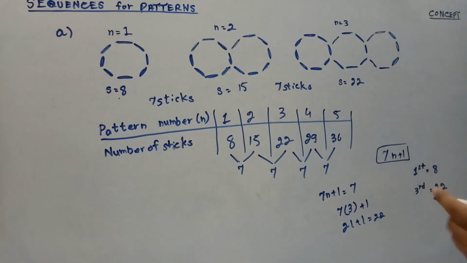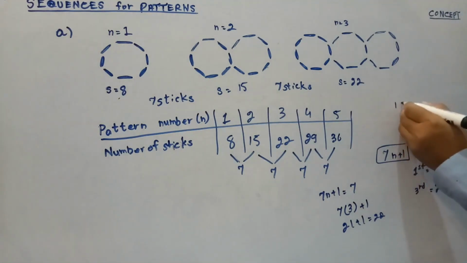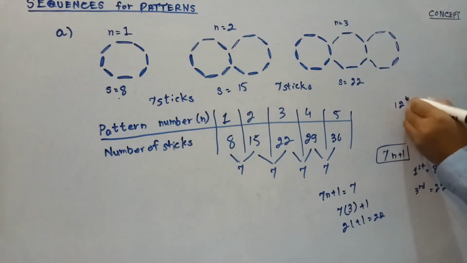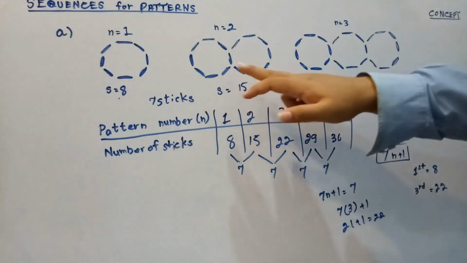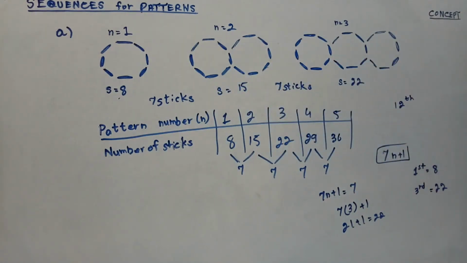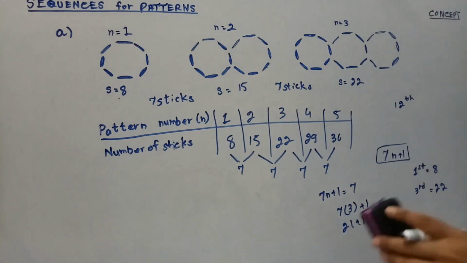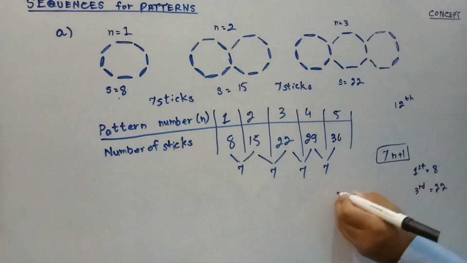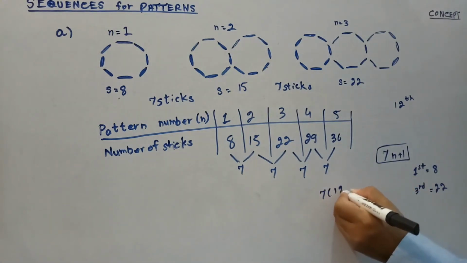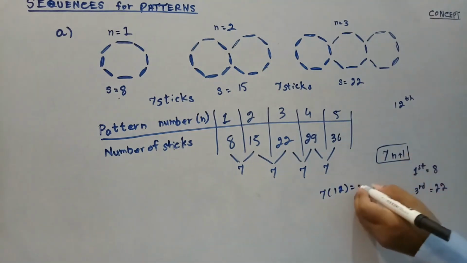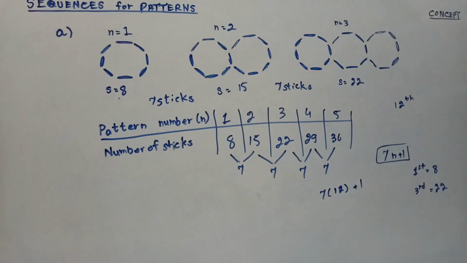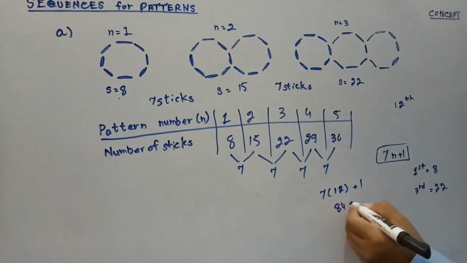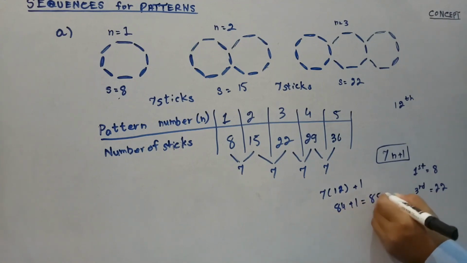Let's say we want to find the number of sticks in the 12th pattern. It's very easy, we just have to put 12 instead of n. So 7 multiplied by 12 is equal to 84, and plus 1, it will be equal to 85.